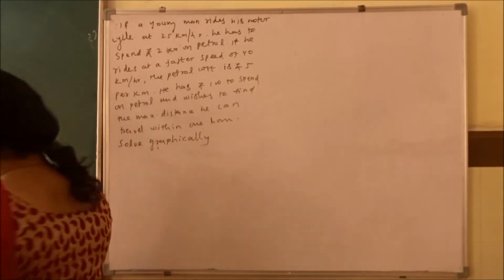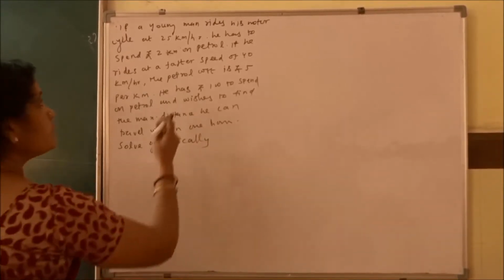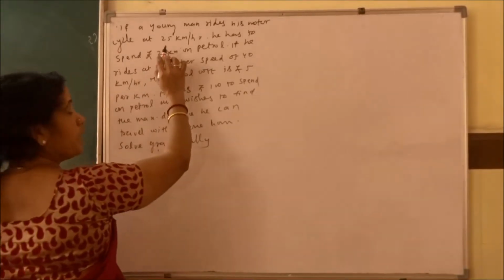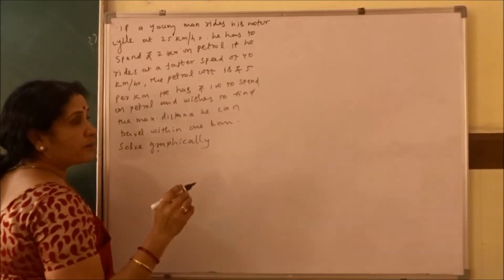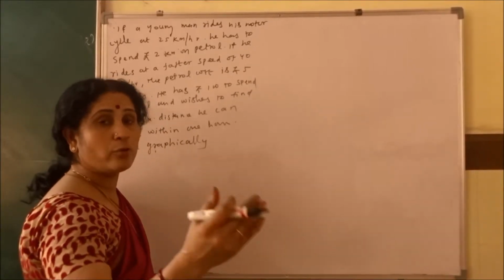Now listen here. I told you this is another most important question. So let me see here what they are saying. If a young man rides his motorcycle at a speed of 25 km per hour, how do we know how much distance he has covered at 25 km per hour?